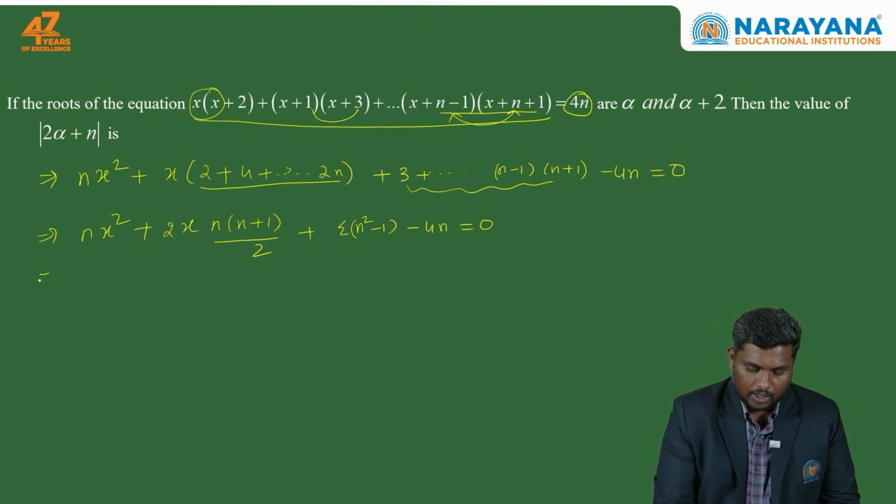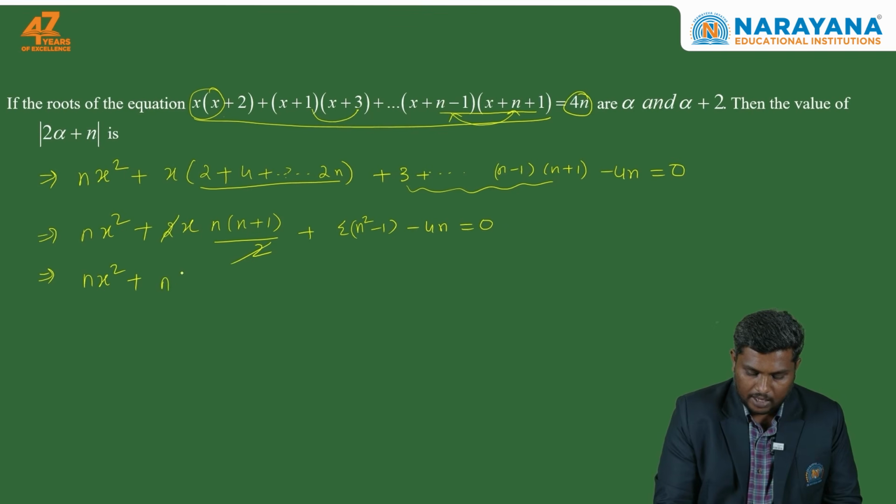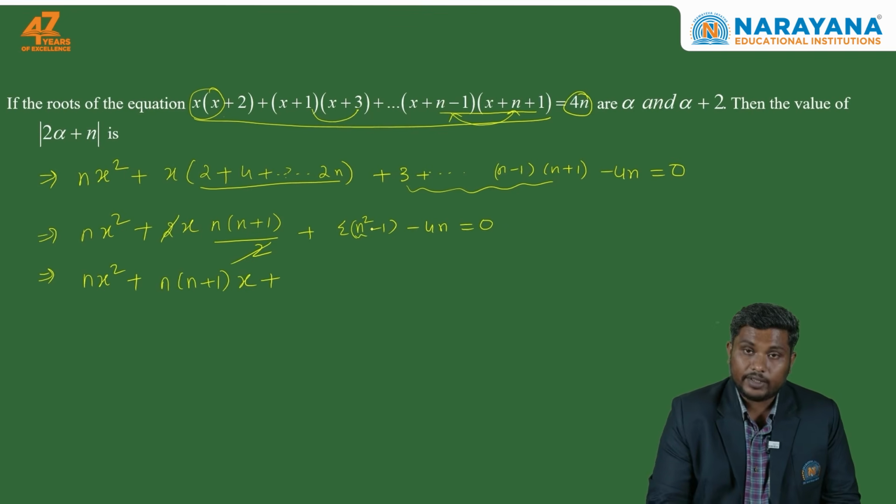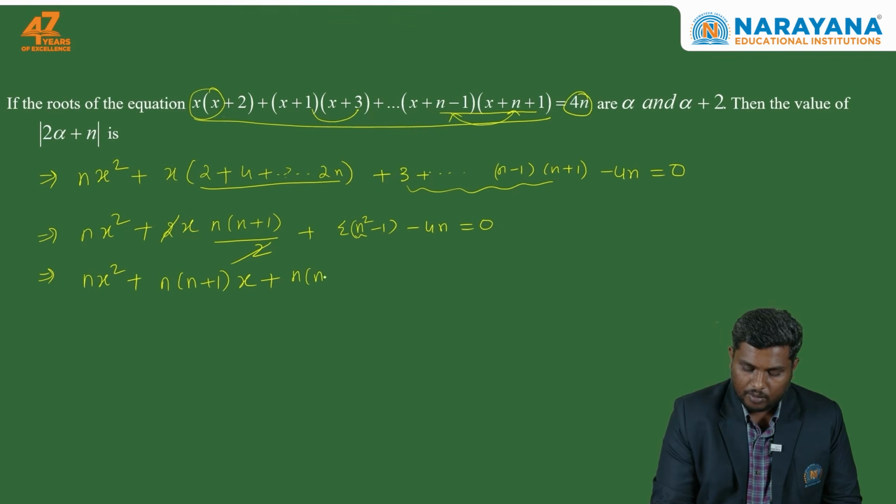Okay, so here I am going to get nx square plus n into n plus 1 x plus, sigma n square will be n into n plus 1 into 2n plus 1 by 6 minus, what about 1, sigma 1 is n, minus 4n is equal to 0.